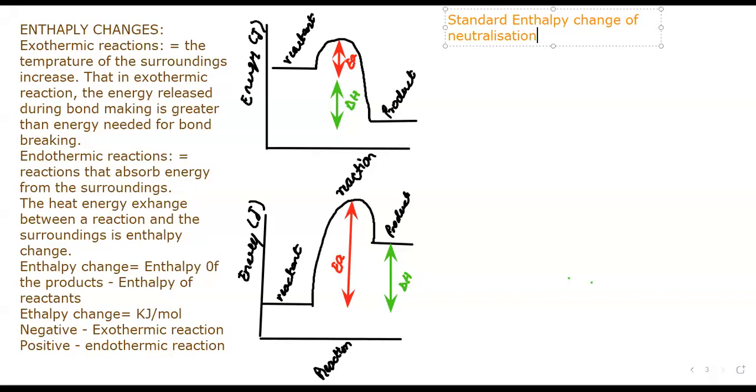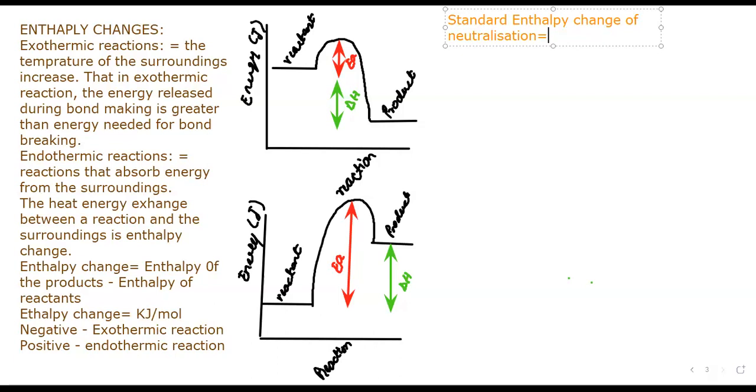When we say standard enthalpy change of neutralization, standard means that I am talking about very specific conditions. Standard conditions, which are what? Our pressure is going to be at 1 atmosphere, that's room pressure, and our temperature is always going to be at room temperature.